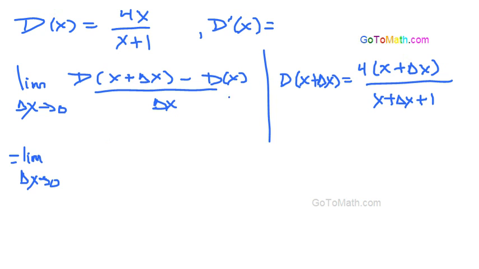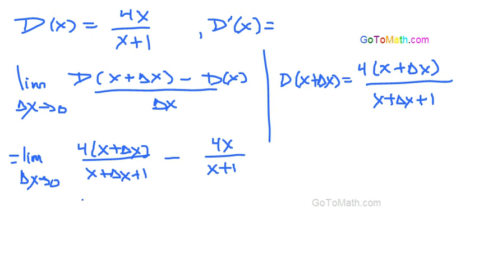Fill this stuff in. So this is going to end up being 4 times x plus delta x. We should have gone ahead and distributed that across, but I guess we'll do that here in a minute. And then we have x plus delta x plus 1, now that's going to take care of this piece here, minus the D of x, which is 4x over x plus 1, and then of course that is all going to be over delta x.